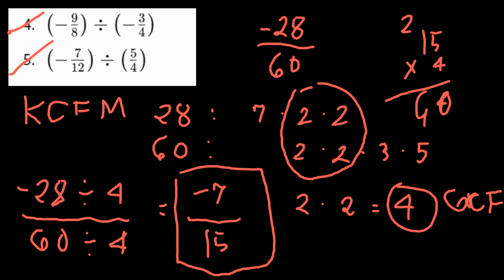Then, find out if your resulting fraction can be expressed in simplest form by finding the greatest common factor between the numerator and denominator.